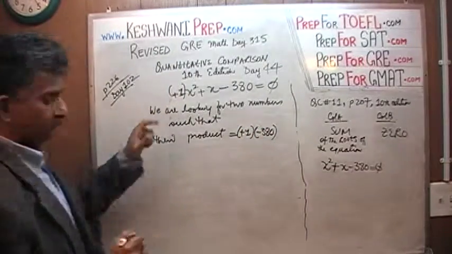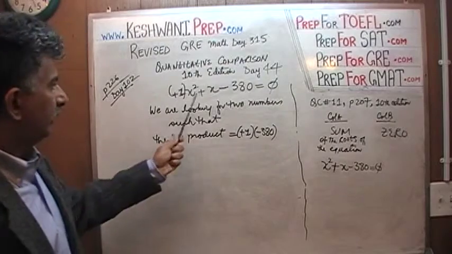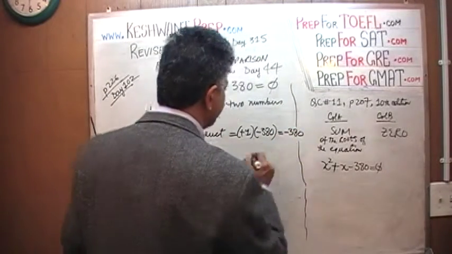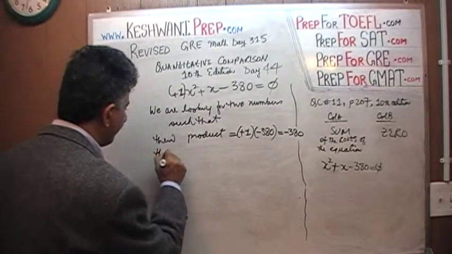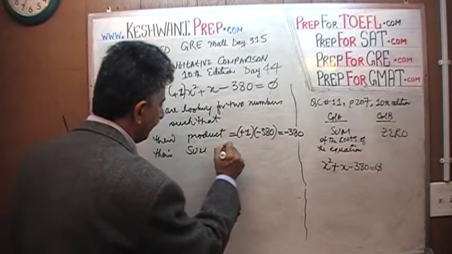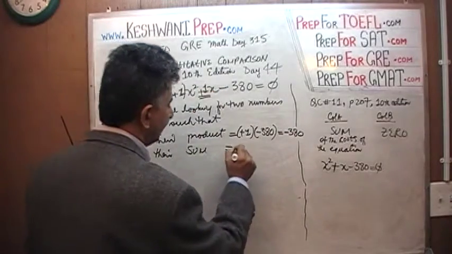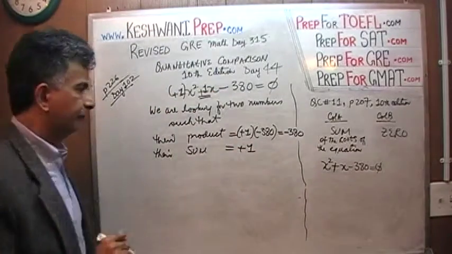So positive 1 times negative 380 is just negative 380. So their product has to be negative 380, and their sum has to equal the coefficient of this guy. Coefficient of x is 1. Their sum has to equal positive 1.